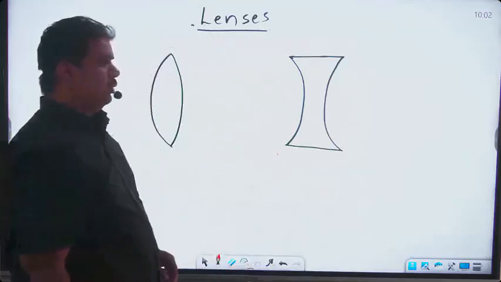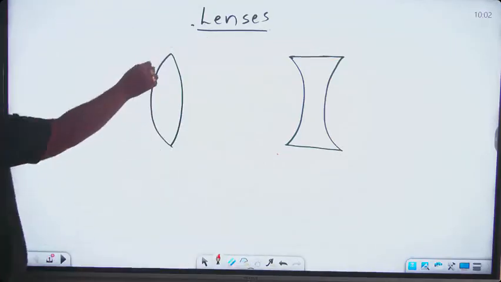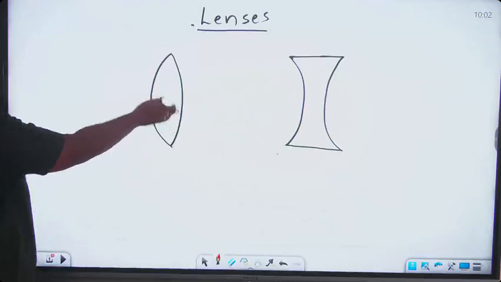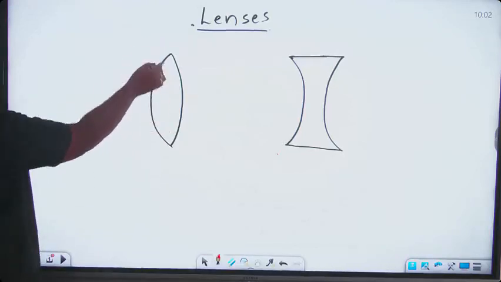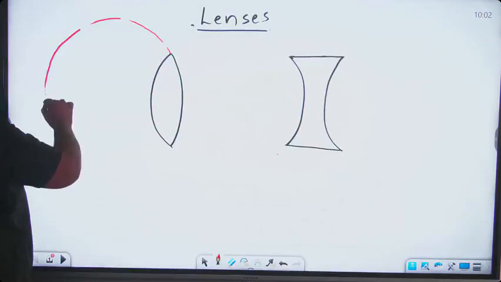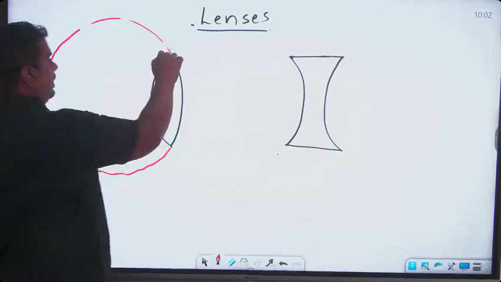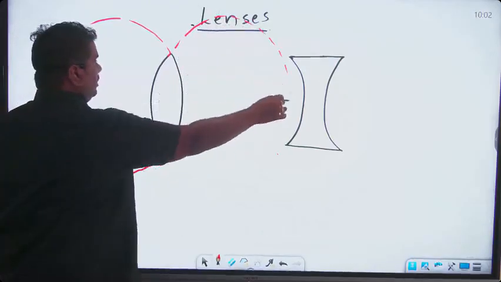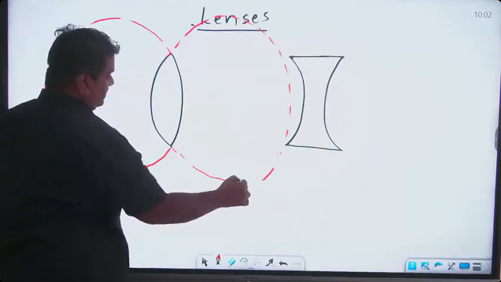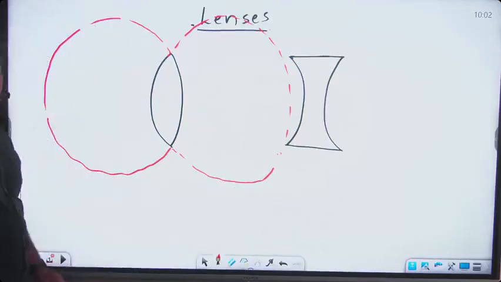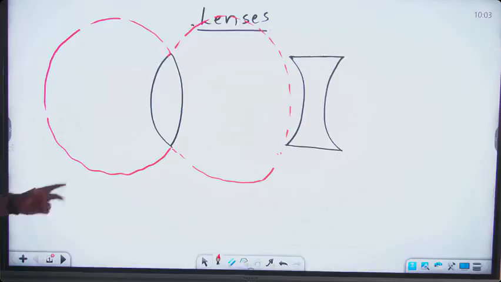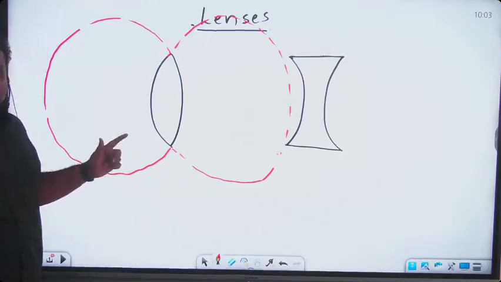First we'll talk about the convex lens. In a convex lens, we said this is one curved surface, and at the same time this is also a curved surface. If you complete this curved surface, it appears something like this, and if we complete this other curved surface, it also appears something like this. So any lens that we are talking about, whether convex or concave, we are making out from two spherical mirrors.